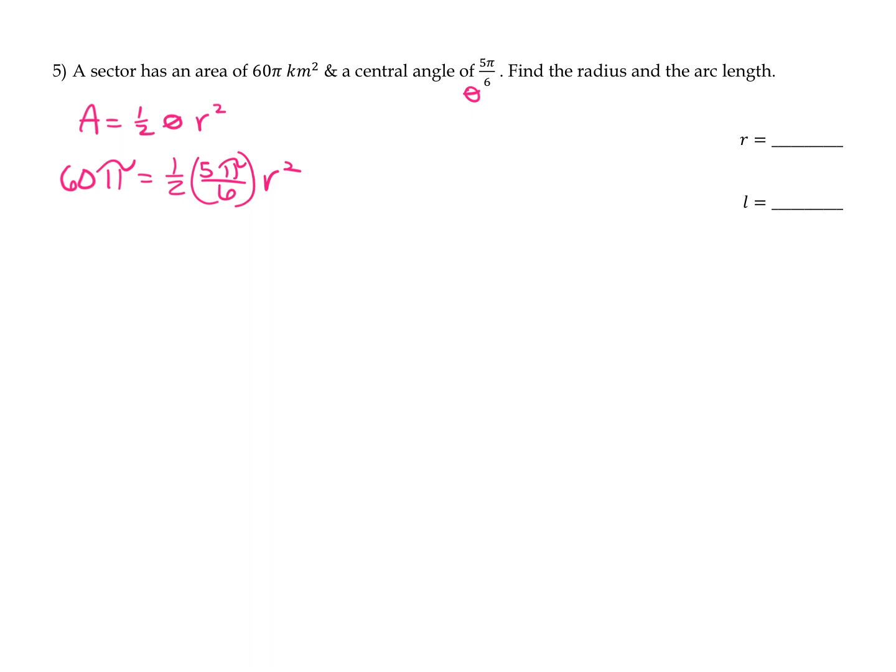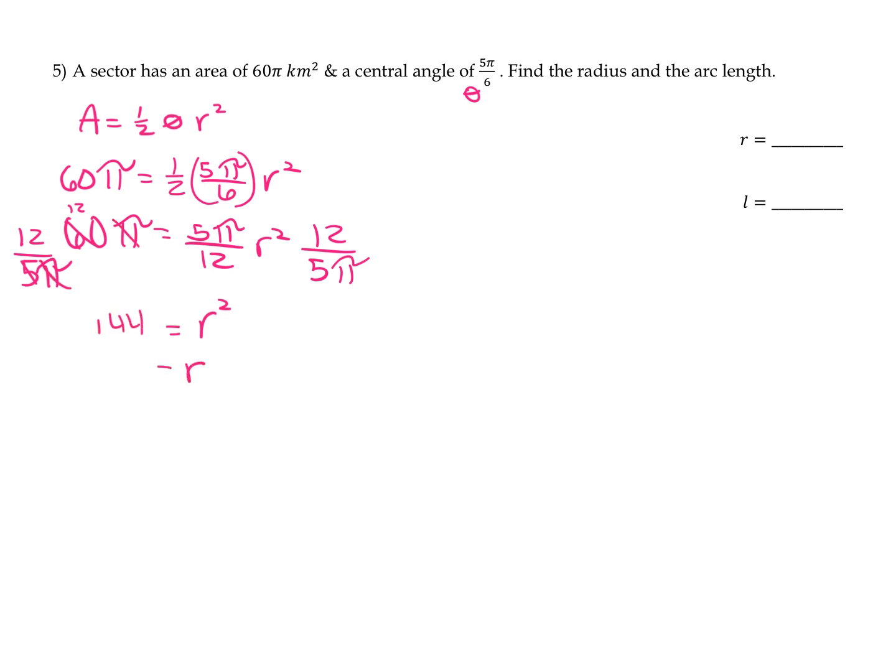So I'm going to condense this down and get 60 pi equals 5 pi over 12 r squared. I'm going to multiply both sides by 12 over 5 pi to get r squared by itself. And 5 goes into 60 12 times, and the pi's factor out, so r squared is 144. The square root of 144 is 12. So my radius is 12 kilometers.